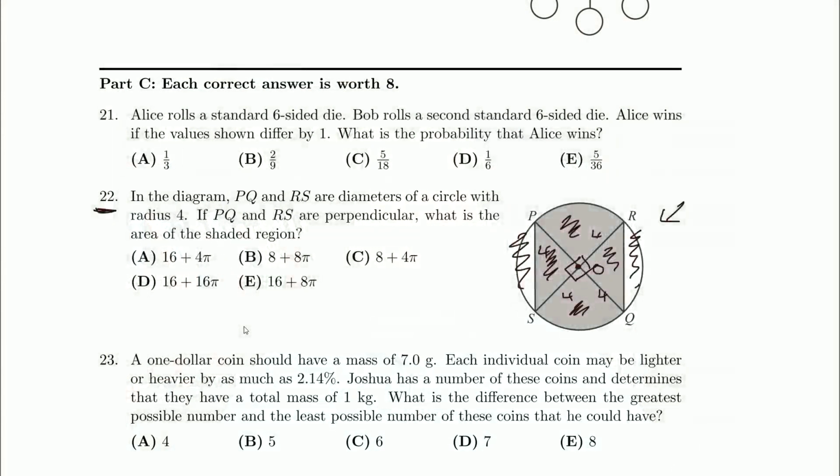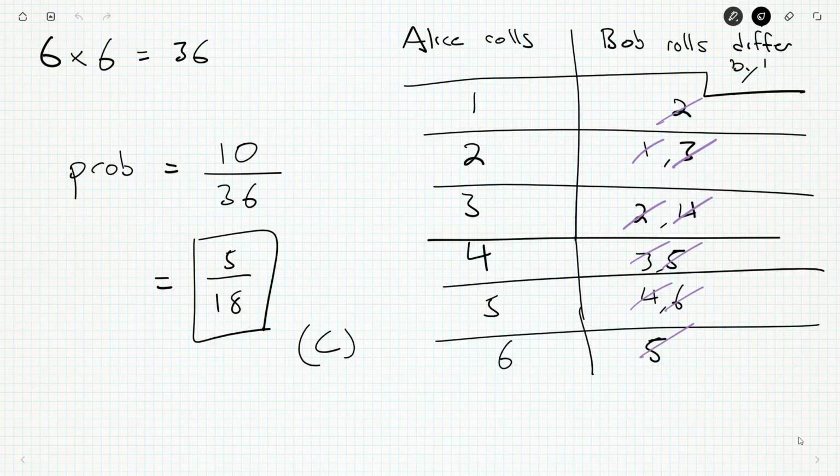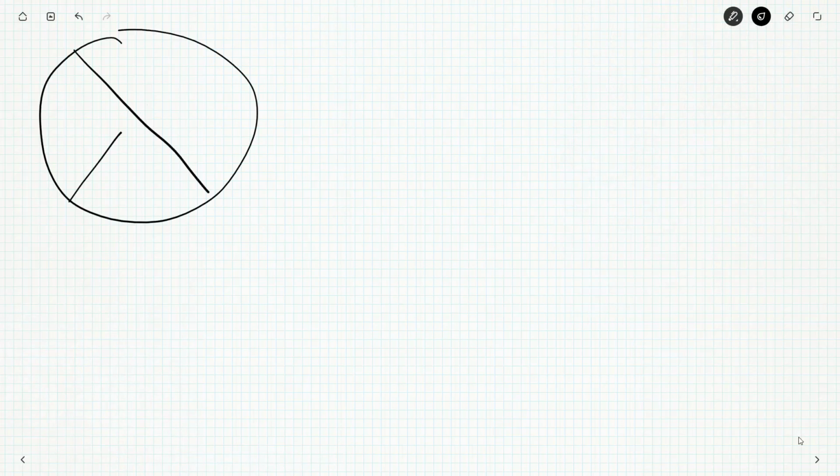So we've got two triangles, both of them right angled with base and height 4. And then we've got these quarter circle sections, and so we'll talk a little bit about area of a quarter circle. Let's draw a picture here. Diameter, these guys connect up.